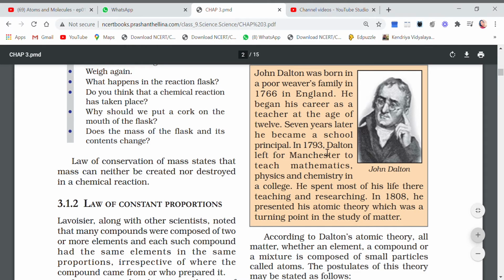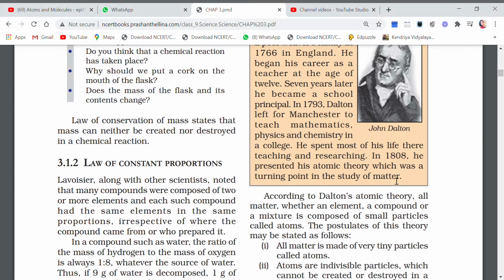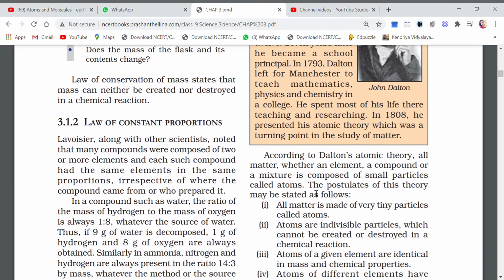In 93, Dalton left Manchester to teach mathematics, physics and chemistry in a college. He spent more of his life there teaching and researching. In 1808, he presented his atomic theory. So we are all interested about this theory here. The theory which was given by Dalton, and it is known as Dalton's atomic theory.